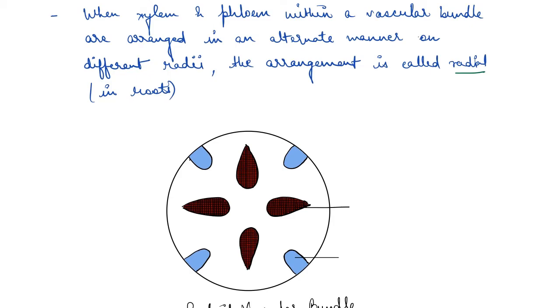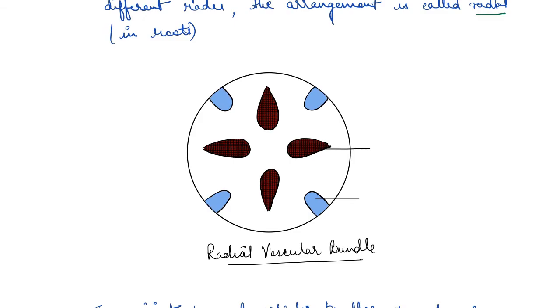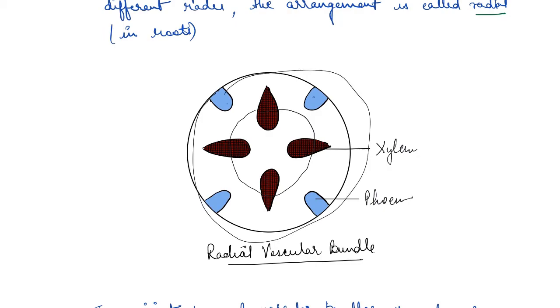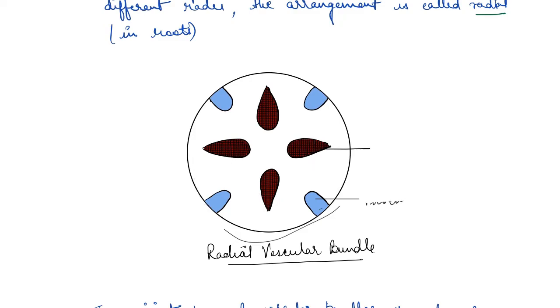As you can see in this diagram, this is xylem and these are phloem. If you see, the radius is different. The radius for these is this, and for them it's this, but they are arranged alternate. So this kind of arrangement of xylem and phloem is known as radial vascular bundle, right?